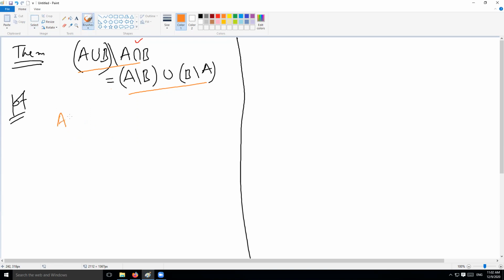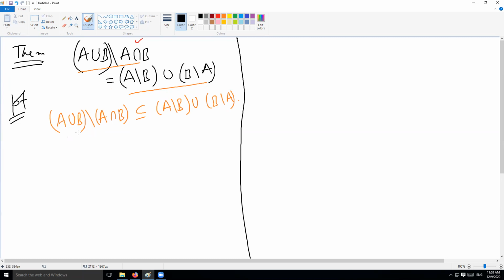So first I'm going to show that A union B minus A intersection B, this set, is a subset of A minus B union B minus A. This is what you have to do.